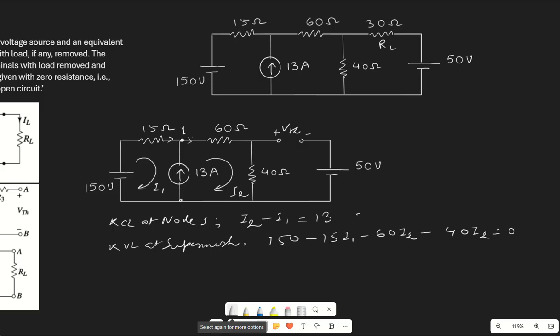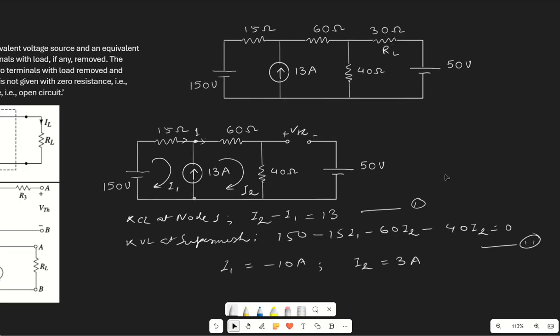Now after solving these two equations, number 1 and number 2, we'll have the value of I1 and I2. So I1 will come out as minus 10 ampere. In order to save time, I am not doing the calculations here. Please try the calculations and you will find the values of I1 and I2 as minus 10 and 3 ampere.